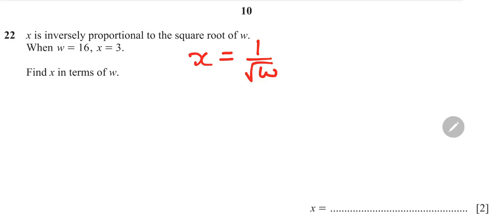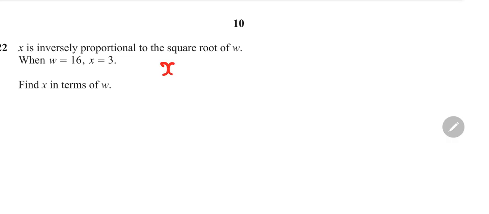Find x in terms of w. We just use the proportional sum. Suppose that x is proportional to 1 upon under root w, or x is equal to k upon under root w, we just let a value k. Now 16 means 4.